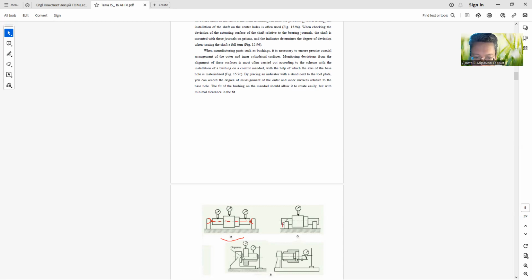You can see the first prism and the second prism. There is the prism, and it's a shaft.